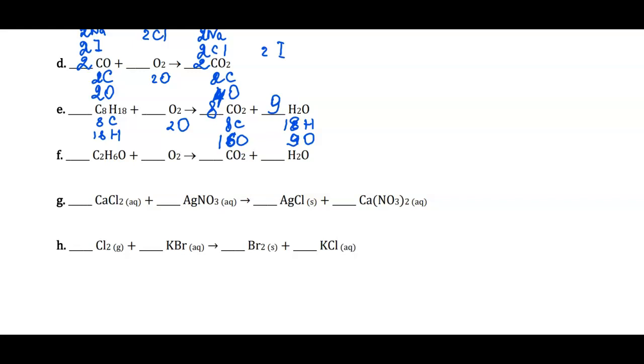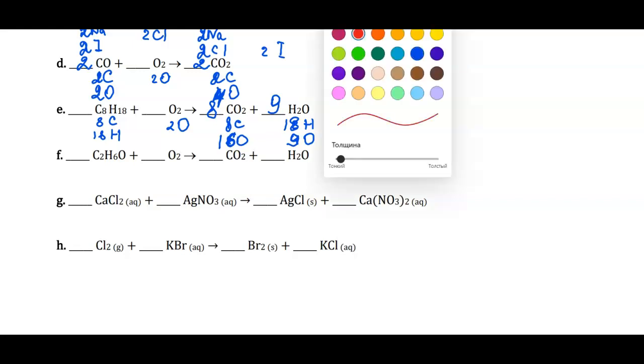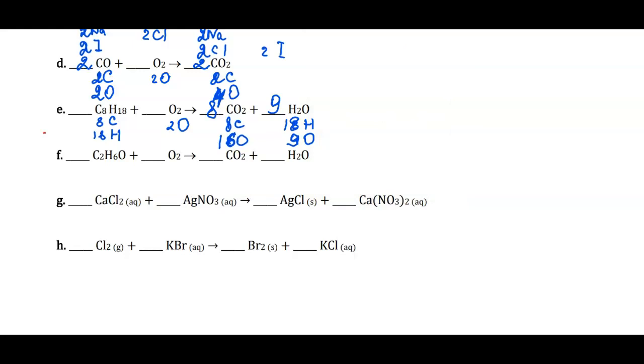And I cannot divide 25 by 2 and get a whole number. The way is to double all our coefficients. So I am doing this. I will be using a different color to make it more noticeable. Okay, so 2 goes in front of C8H18 and gives us 16 carbons and 36 hydrogen, correct?